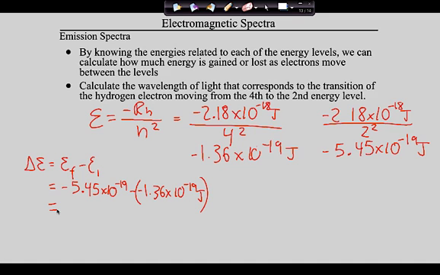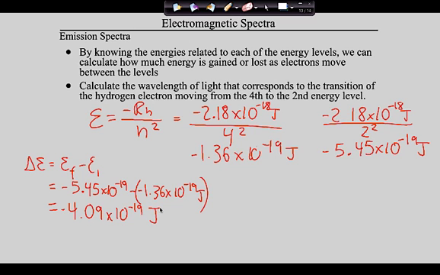Does anyone have that yet? 4.09 times 10 to the negative 19th, and without the negative, it's wrong, because the change in energy is negative, telling us the electron's falling. That just reinforces our idea that it's going from 4 to 2. The energy has to be radiated.